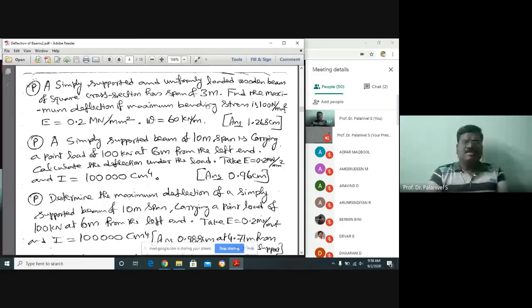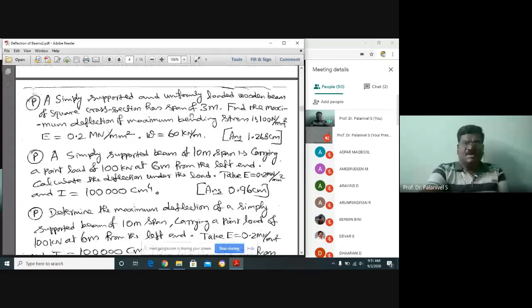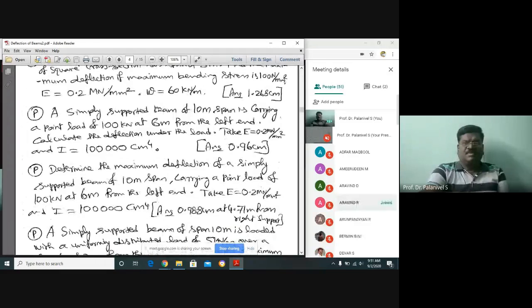So deflection is maximum at the center. What is its value? 5 wl to the power 4 divided by 384 EI. You have to substitute, all the data is determined, and you will be getting 1.268 centimeter as the deflection. This way you have to solve the problem. I am just giving hints because this problem you have already seen. That's why I am just brushing up or speeding up, right?